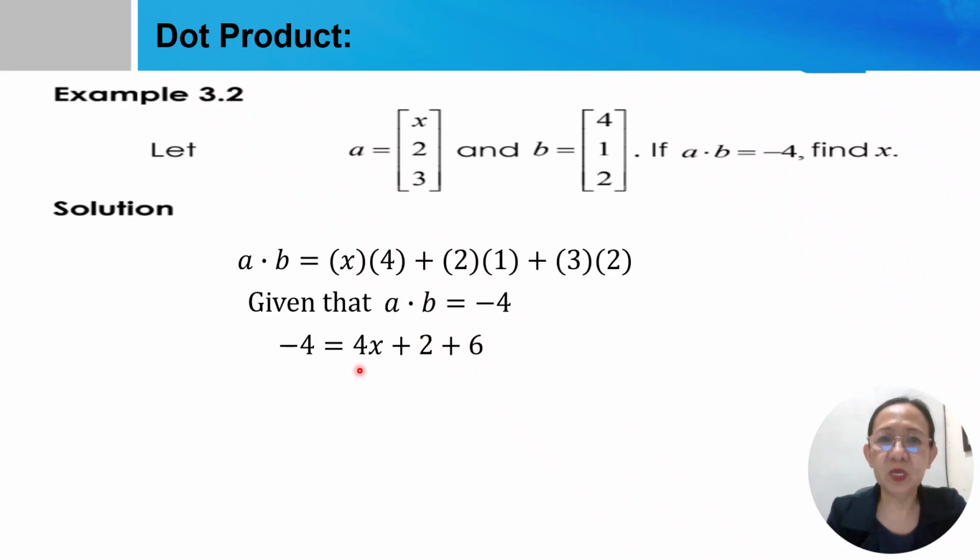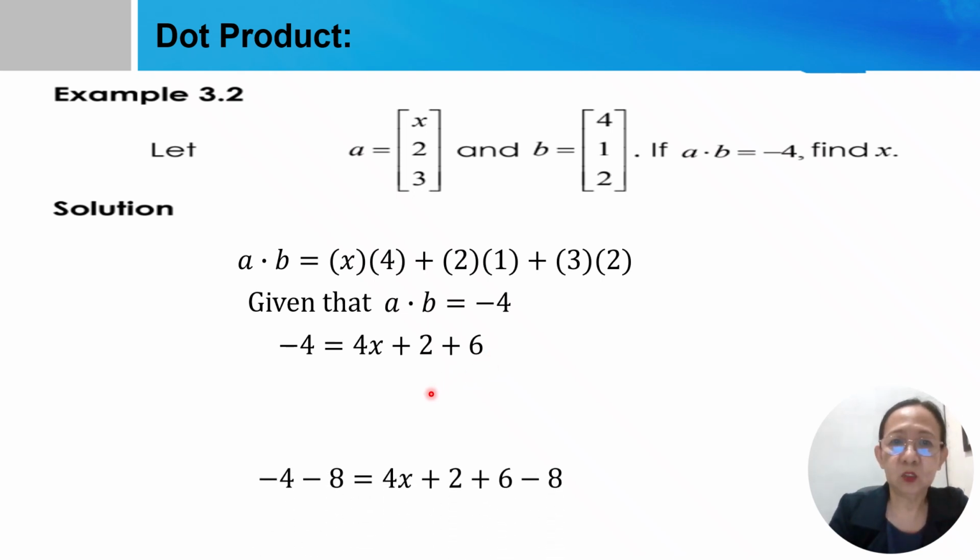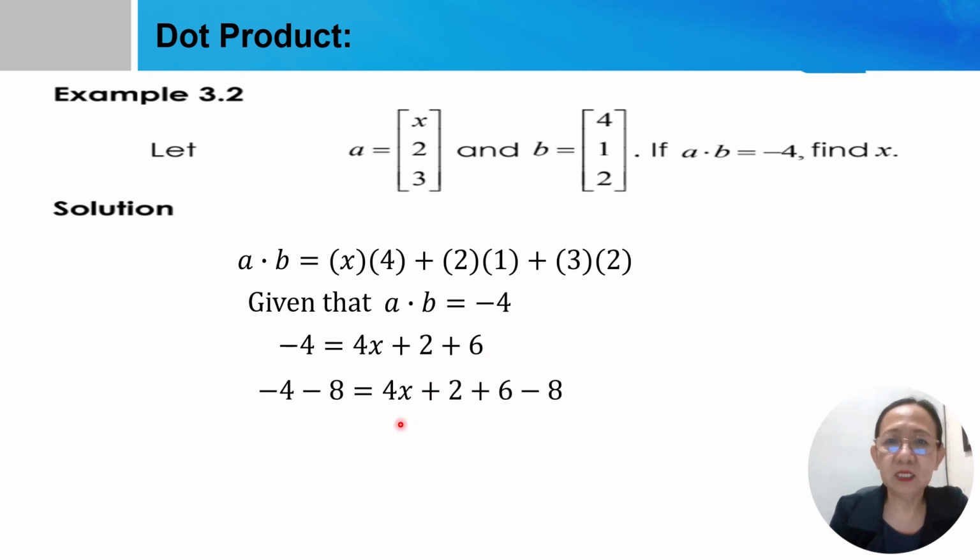Therefore, we simplify: x times 4 is 4x, 2 times 1 is 2, and 3 times 2 is 6. Combining 2 plus 6, that is now equivalent to 8. So, if we add -8 on both sides, 8 minus 8 is now 0, and we get 4x equal to -4 minus 8, which is -12.